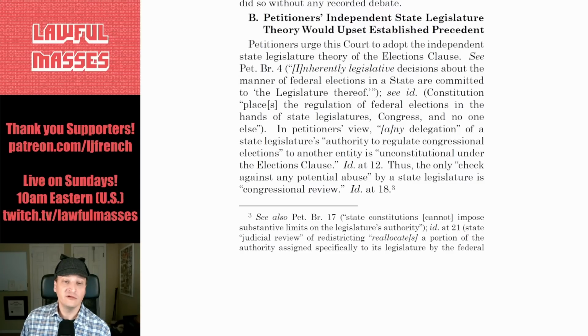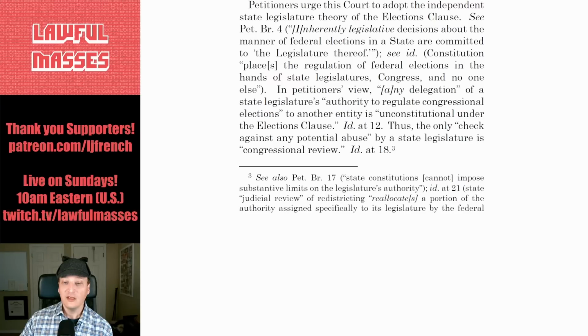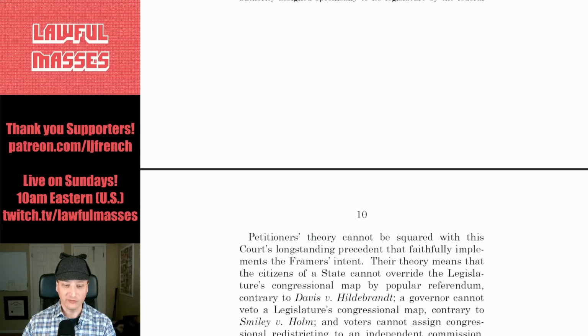Petitioners' brief says, inherently legislative decisions about the manner of federal elections in a state are committed to the legislature thereof, and Constitution places the regulation of federal elections in the hands of state legislatures, Congress, and no one else. In petitioners' view, any delegation of a state legislature's authority to regulate congressional elections to another entity is unconstitutional under the Elections Clause. Thus, the only check against any potential abuse by the state legislature is congressional review, federal congressional review.